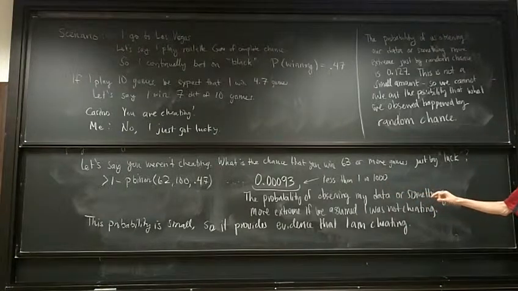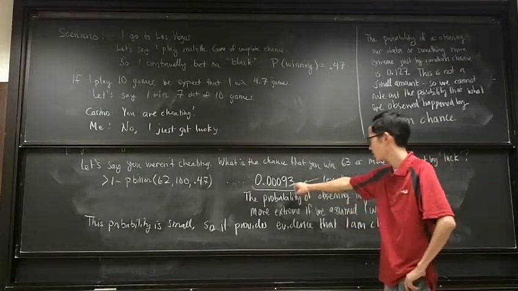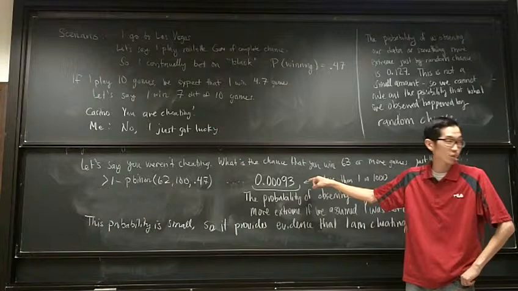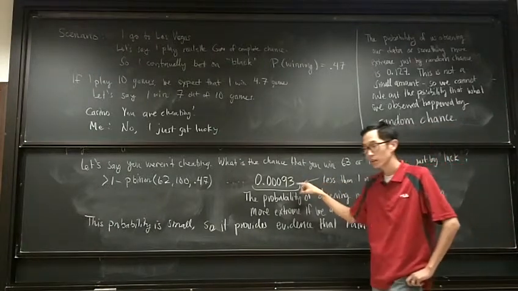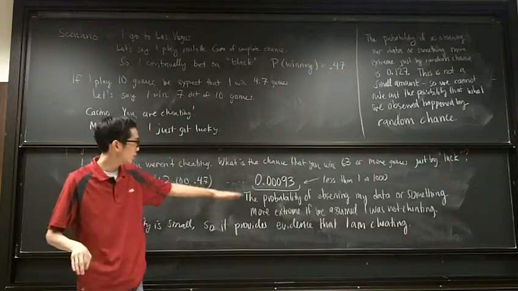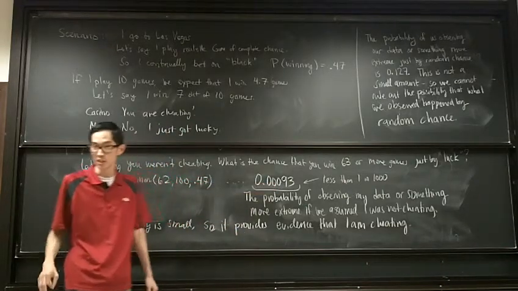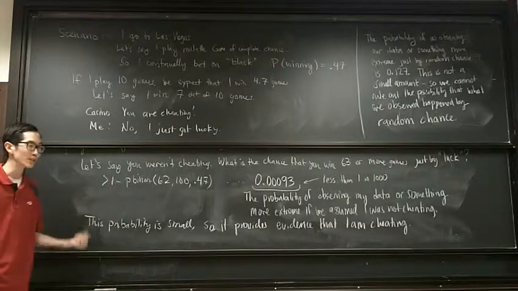Now, is it possible that I was actually playing fair? Yeah, okay. There's about a 1 in 1,000, or this is the probability that I was actually playing fair, okay? I could actually have been playing fair, and I could have been one of the lucky 1 in 1,000 people who won 63 out of 100 games, and I was wrongfully accused of cheating.